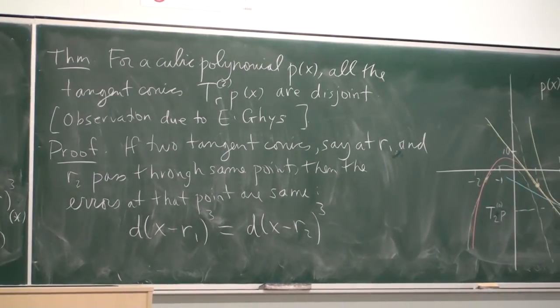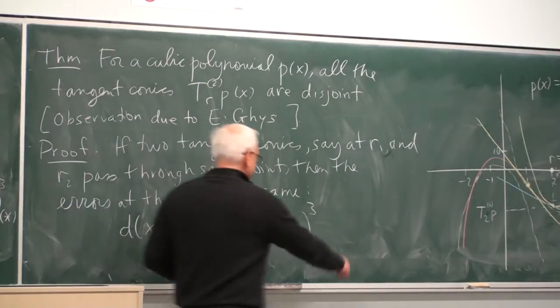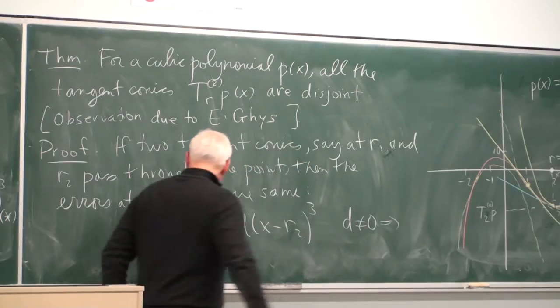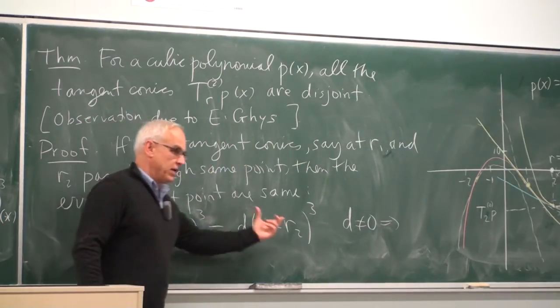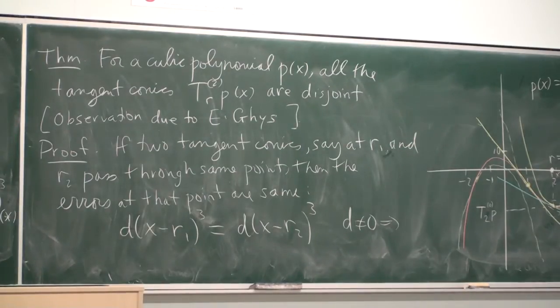But d is non-zero because this is a cubic. And so you can cancel the d's, and then you have this quantity cubed equals this quantity cubed. And if two cubes are the same, then the numbers are the same.